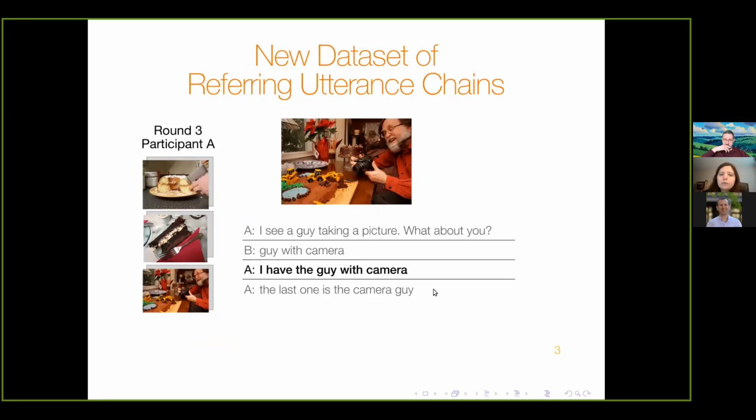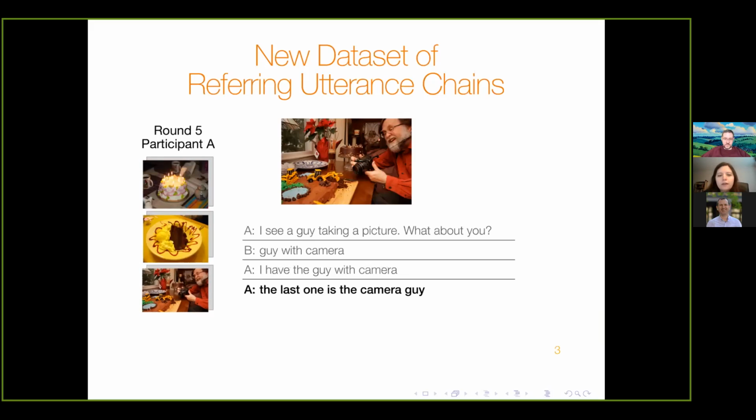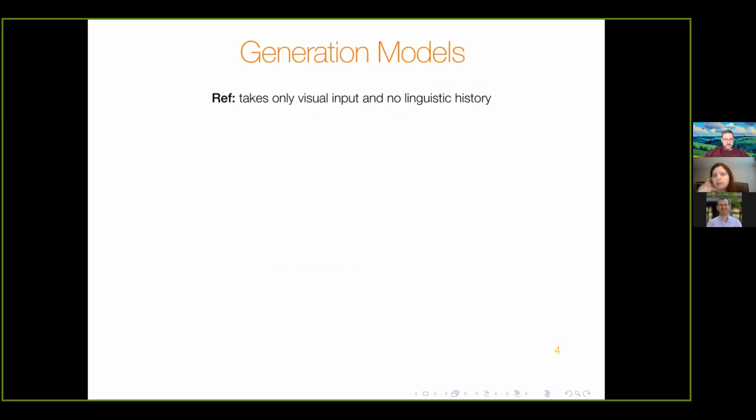So this dataset captures this conversational common ground and how people build references to previously seen images, and how they generate new utterances for this image. And in our paper, we are looking at generating these utterances.